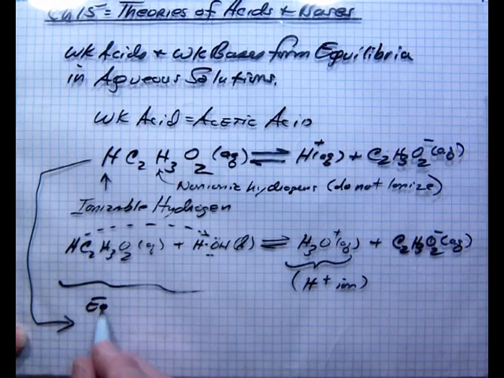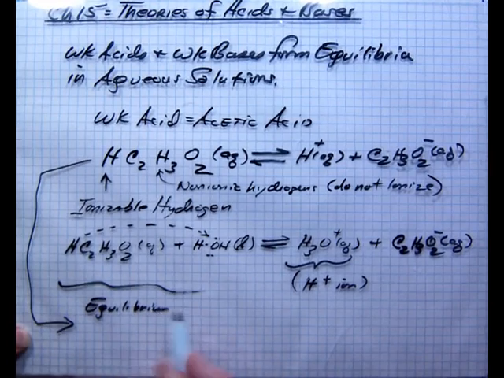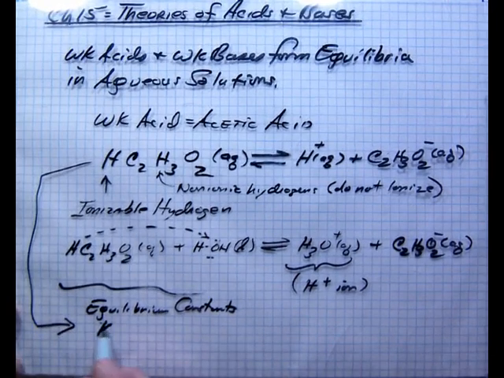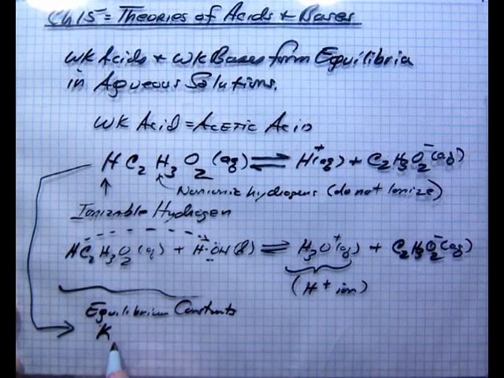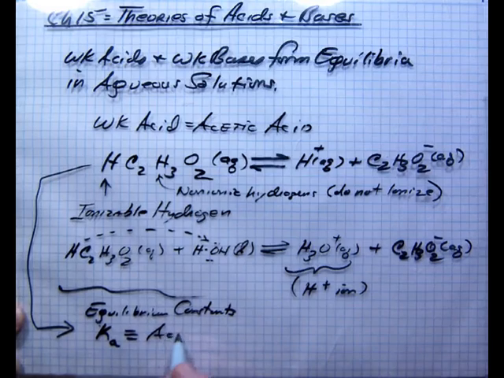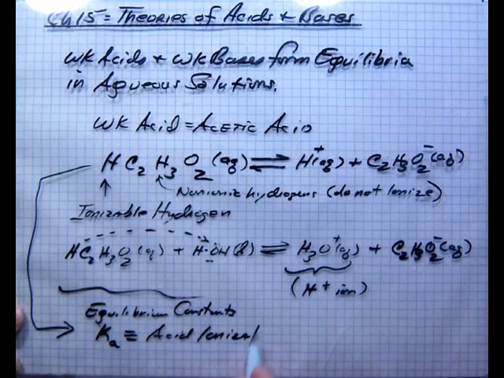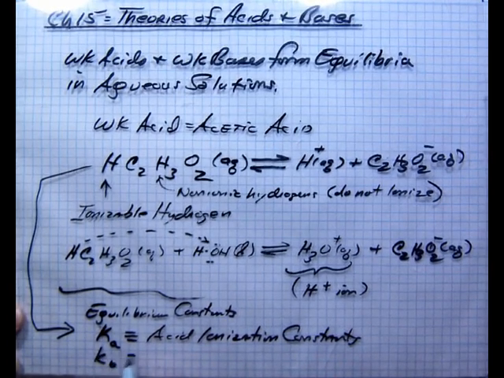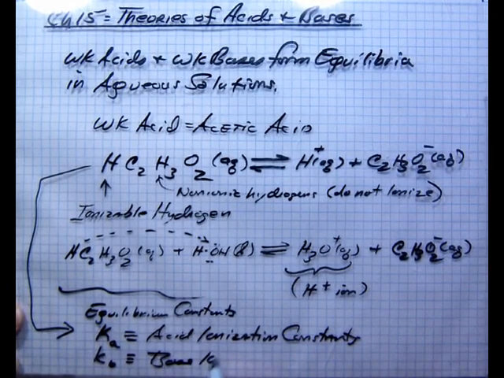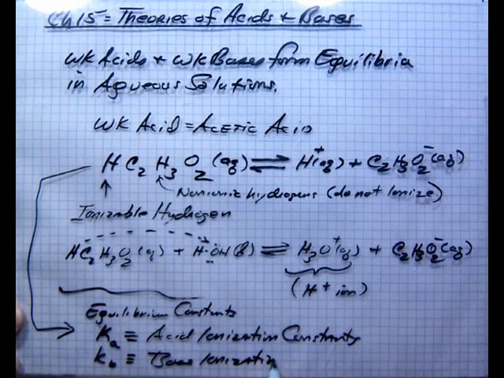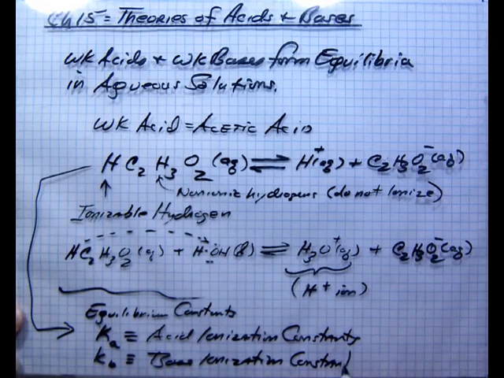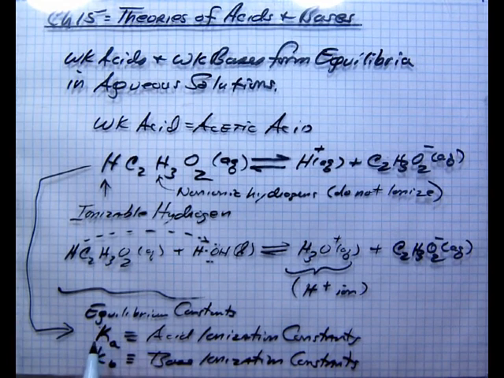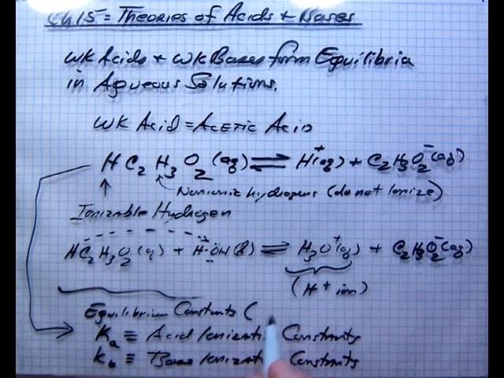The equilibrium constants for acids and bases are, of course, still capital K values, but they'll be Ka's, which are defined as acid ionization constants, or Kb's, base ionization constants, as shown here.